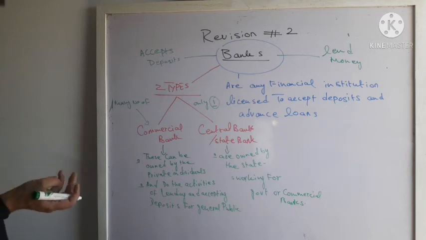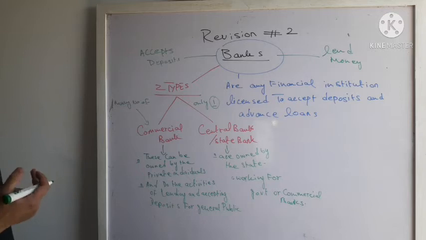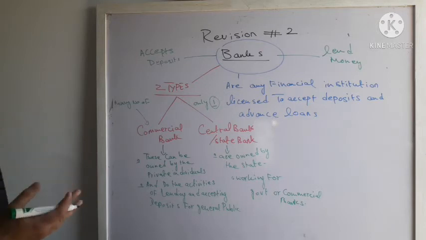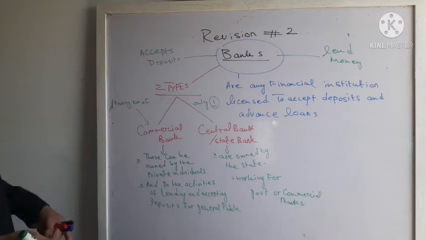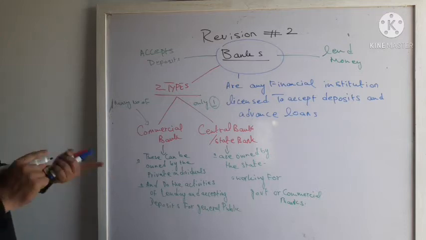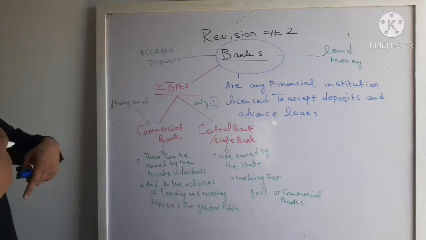We have UBL, ABL, HBL, Mizan, Summit Bank, Standard Chartered Bank, JS Bank, and much more. Such banks are commercial banks, and they can be private banks or government banks.